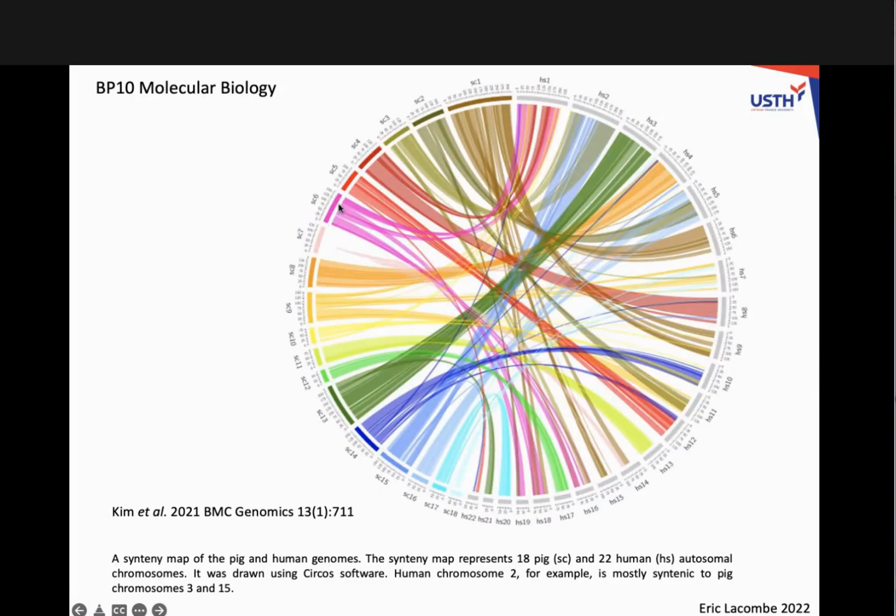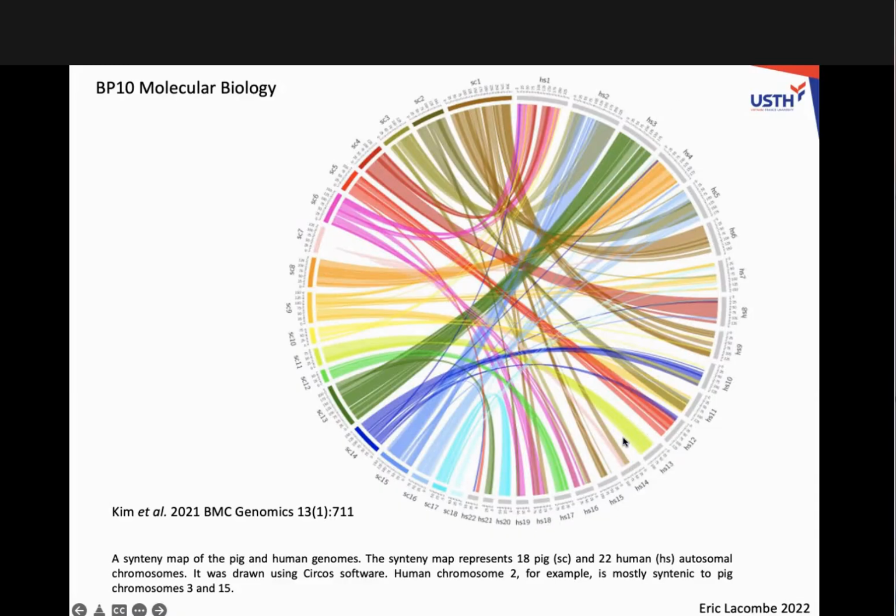So all those sequences present in a single chromosome in the pig genome are also present in the human genome, but in different chromosomes. That's the way to read this kind of map. And so you have some very strange relations, like chromosome 6, and then you have a very strong one.